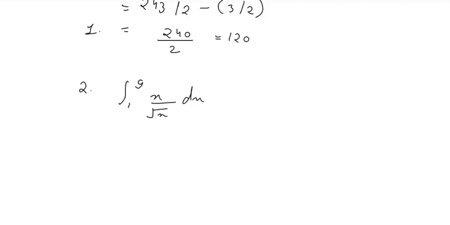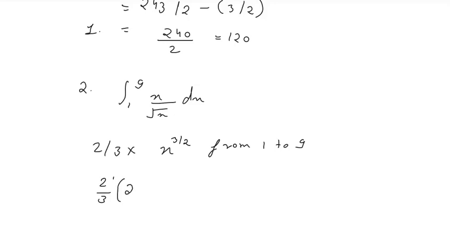Now here, same, the range is 1 to 9, so 2 by 3 times x to the power 3 by 2 from 1 to 9. Now putting values, upper limit minus lower limit, so we will get 2 upon 3 times (27 minus 1), which we are further solving, so we will get 52 upon 3.